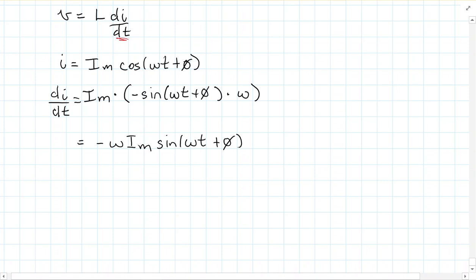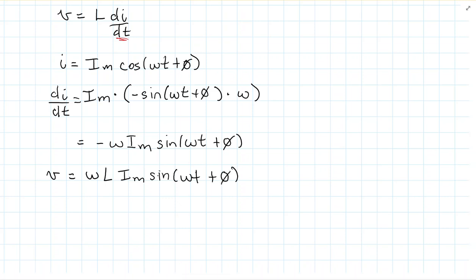So if we plug that into my equation here, I'd have v is equal to, and I like writing the omega first for some reason, omega L times Im sine omega t plus phi. But now I want to do a phasor transform, because I want to see what happens when I'm in the phasor domain with this.